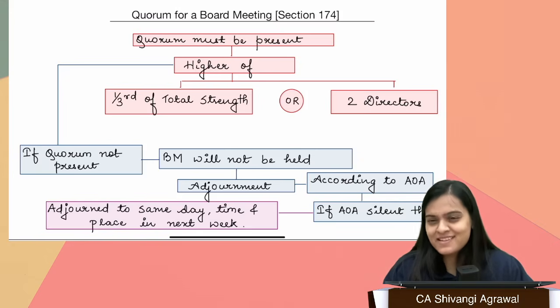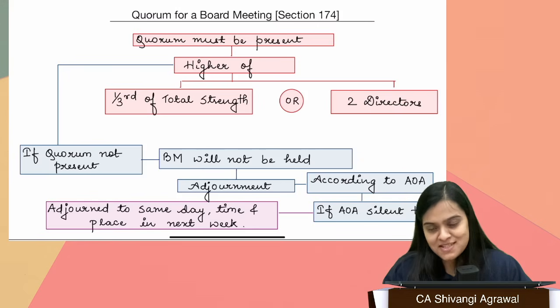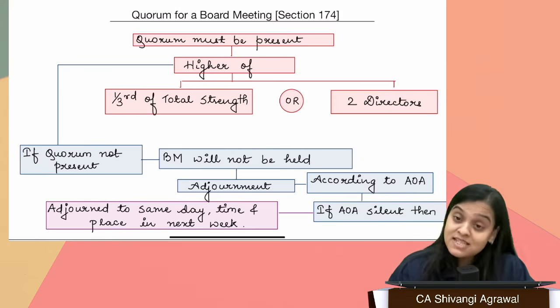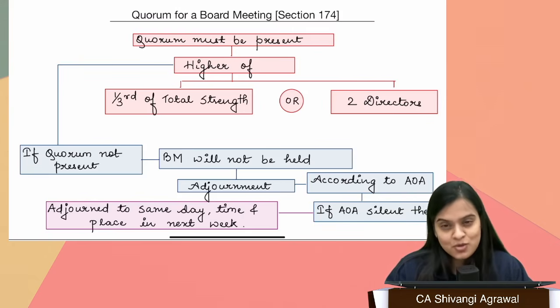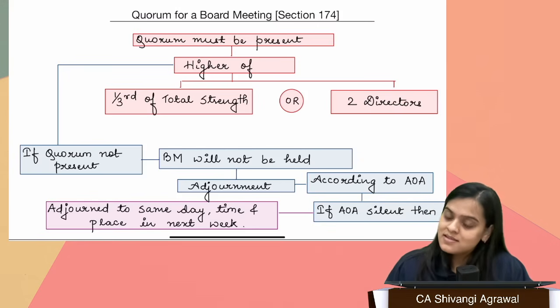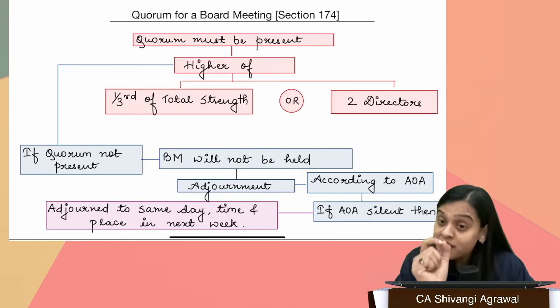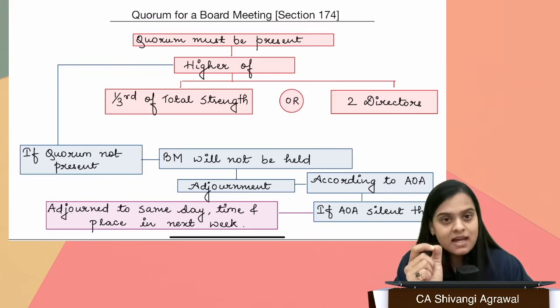Do you think the decisions are going to be good enough? No. Why are there 15 directors in the company? Just because the company needs 15 directors, right? So the decisions should also be collective. And that is why quorum is the minimum needed. What is that?